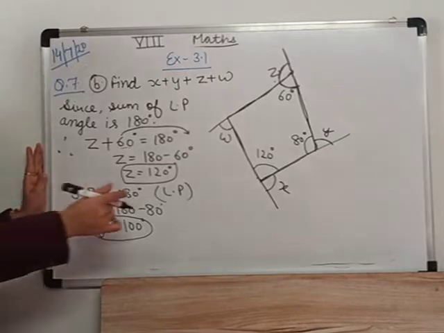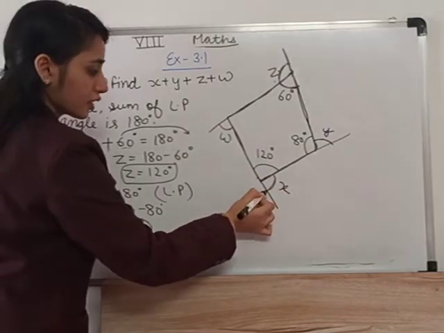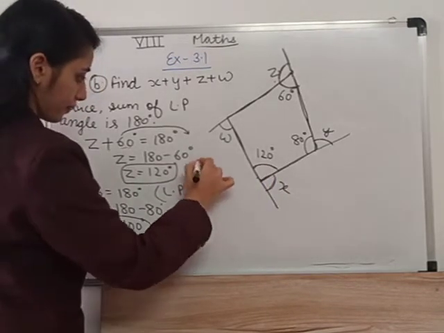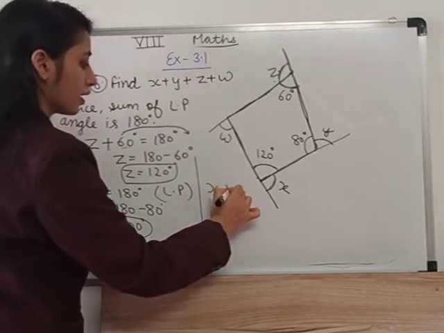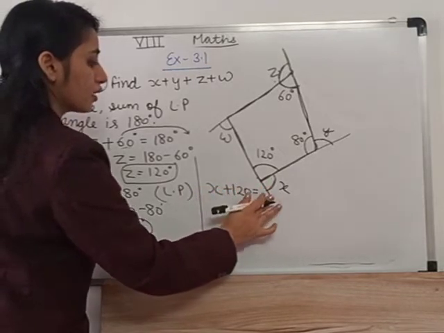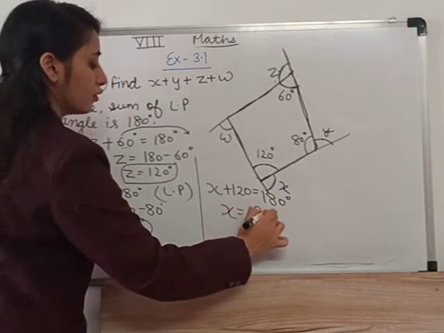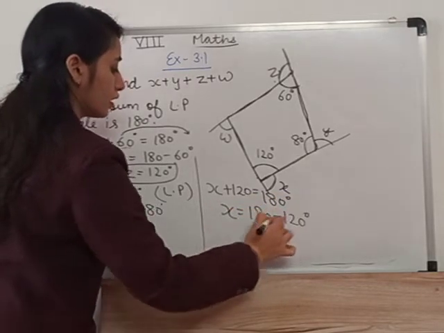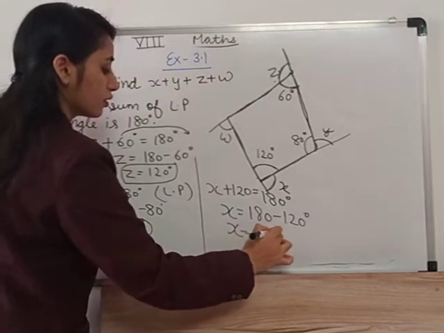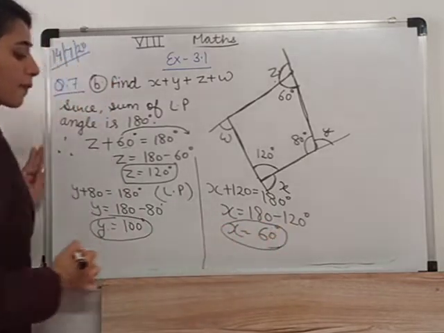Same for x: x plus 120 is equal to 180, so x is equal to 180 minus 120, which is 60 degrees.